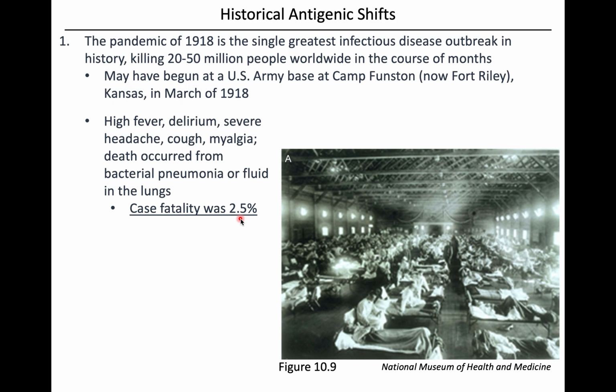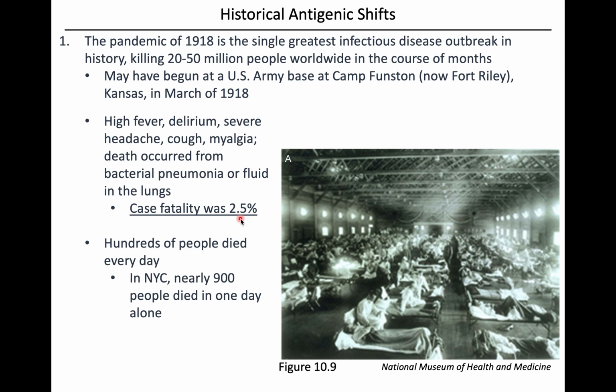And keep in mind, at that time this was the pre-antibiotic era, so a lot of those deaths due to bacterial pneumonia might have been prevented had they had antibiotics. I throw this number out there, which used to be completely unthinkable: during that pandemic, about 900 people died in New York City in one day.